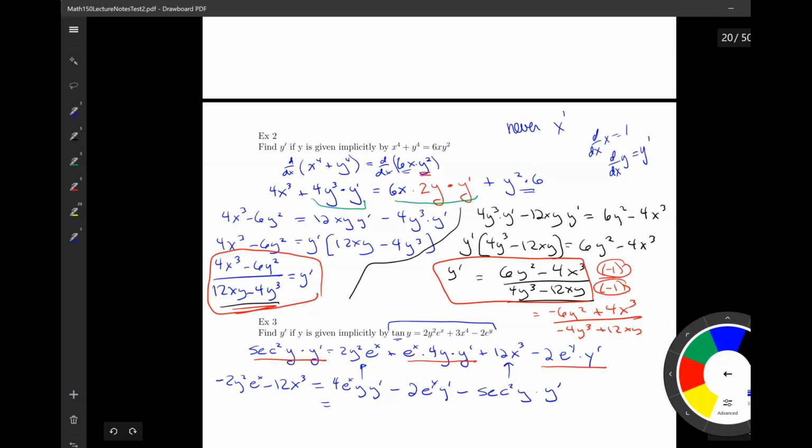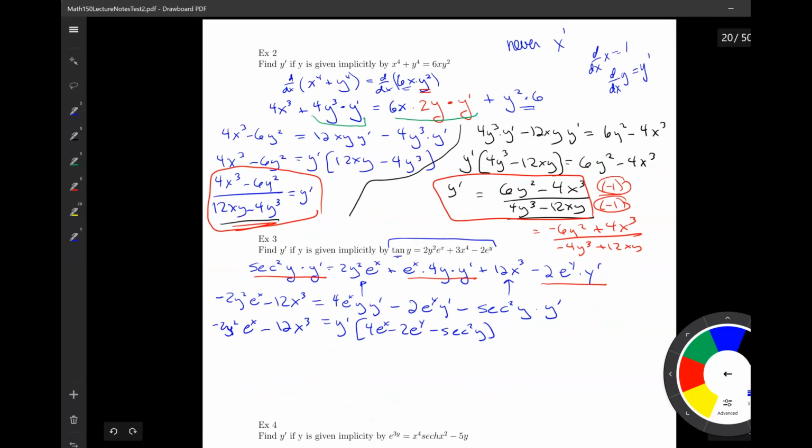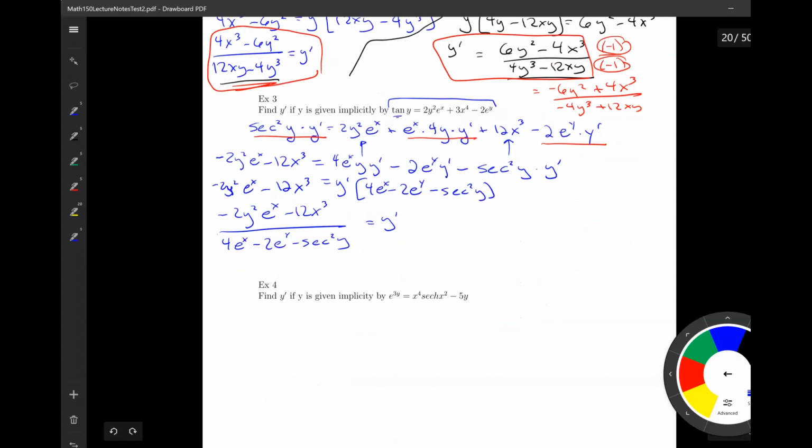So then I'm going to factor out the y prime, and then I'm going to divide. Leave lots of room for these problems, right? And that's it.